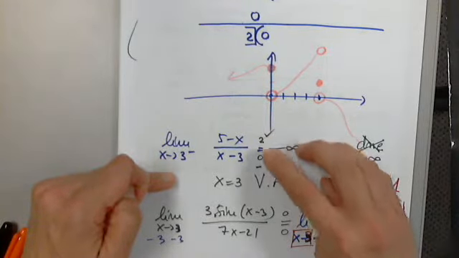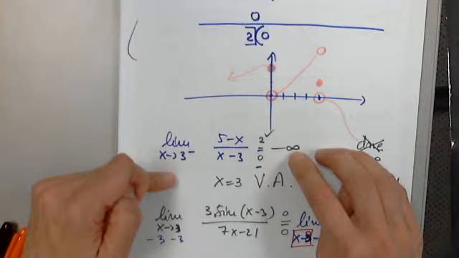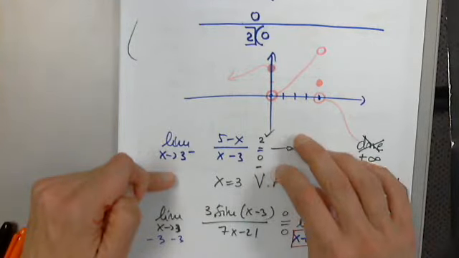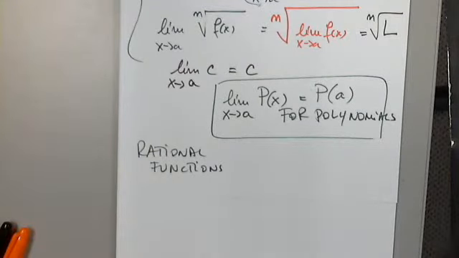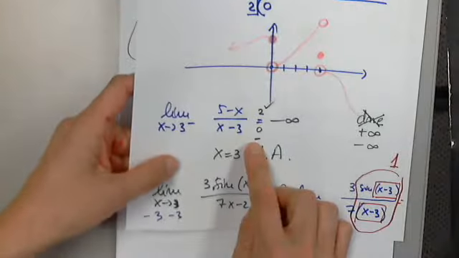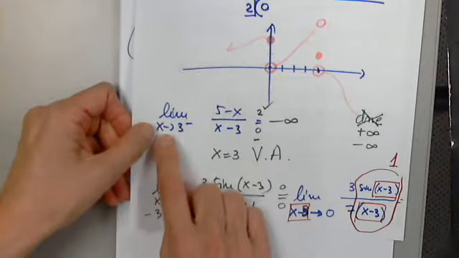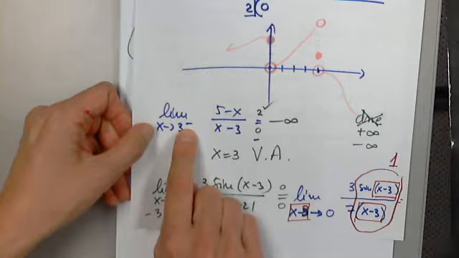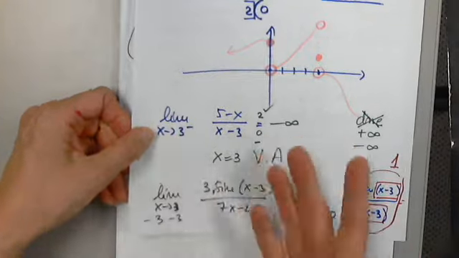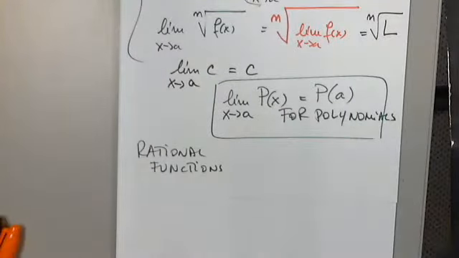So we got a positive number over a negative number, so the answer was negative because this is an undefined case. So then what is the general idea for rational functions if I have to find the limit of a rational function? If I get an indeterminate case, then I have to find a value of x as close as possible to 3 from the left.